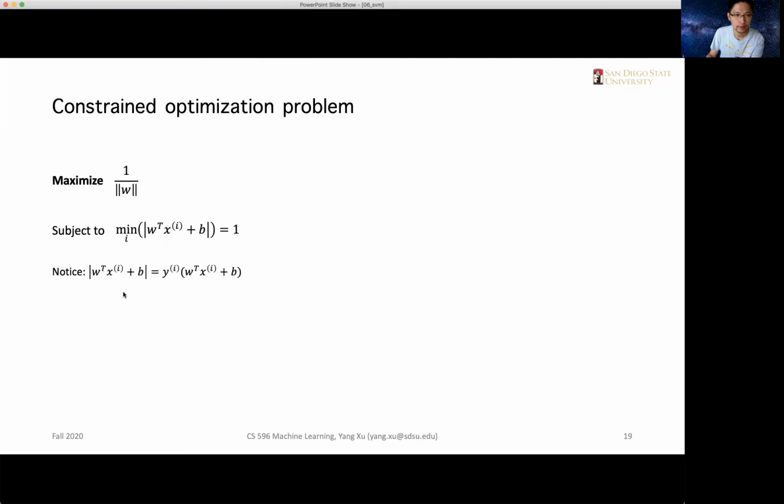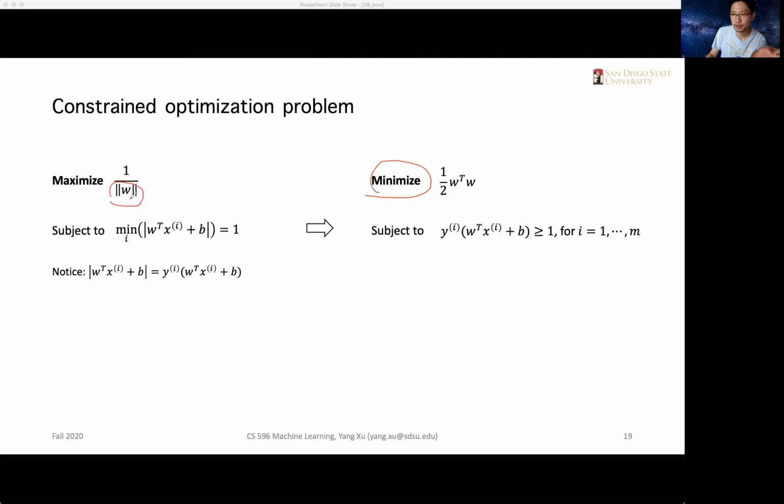Because we can further convert this absolute value to y times the linear combination, we make it a minimization problem, because we are more comfortable with minimization concepts. So maximizing this term with w in the denominator is actually minimizing the dot product.